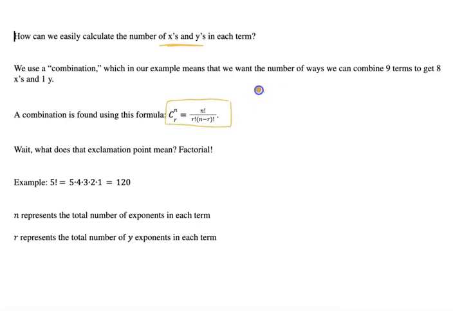This says a combination of n total exponents, and we are going to choose r to be the y term. So in the first combination, when we're doing 8 x's and 1 y, we would have a combination of 9 total exponents, assigning just one of them to be a y.